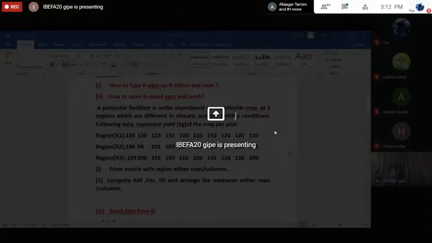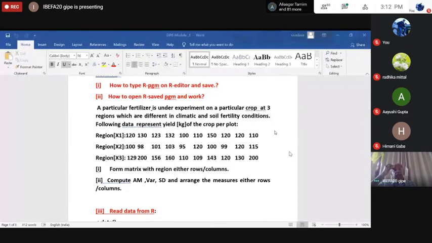Instead of divisions, you have three regions, x1, x2, x3. And the yield of the crop in the sample are the data. Deviation for each region.